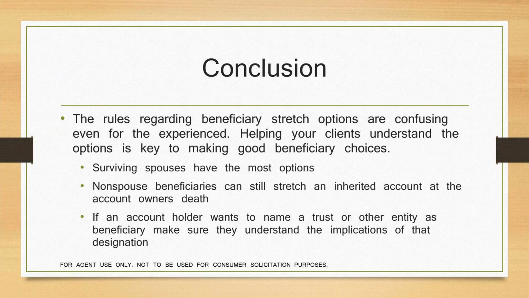And also coaching people on the front end as they make their beneficiary designations about the consequences for those beneficiaries with regard to stretch. That's also an important consideration and something that you might want to educate yourself about so that you can help people make smart choices on the front end so that their distribution intentions and the timing of taxation for beneficiaries are optimized. That would be good for you to know.